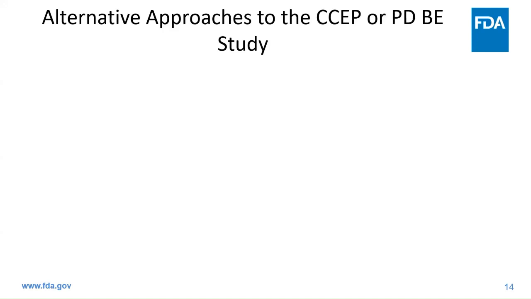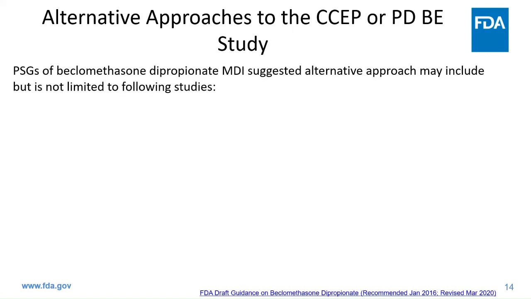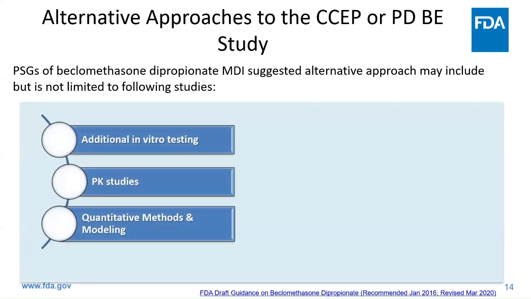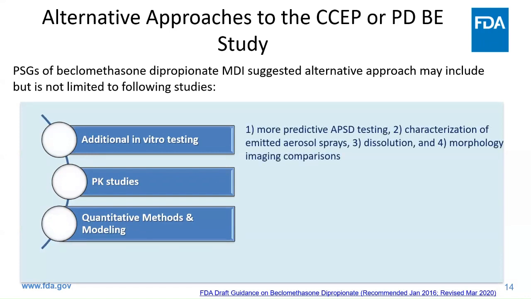I would also like to mention that FDA is currently recommending alternative approaches in lieu of the comparative clinical endpoint study or PDBE study. This can also be an alternative option. The PSG for beclomethasone MDI suggests the alternative approach may include, but is not limited to, the following studies, such as additional in vitro testing, like more predictive ASPD testing, some dissolution testing, and immediate sprays.